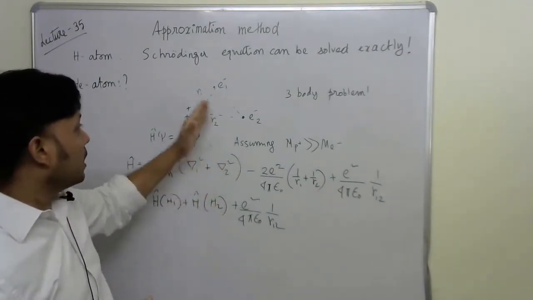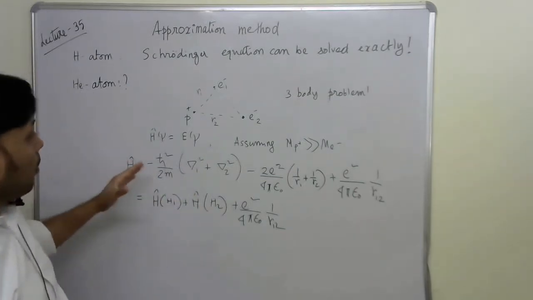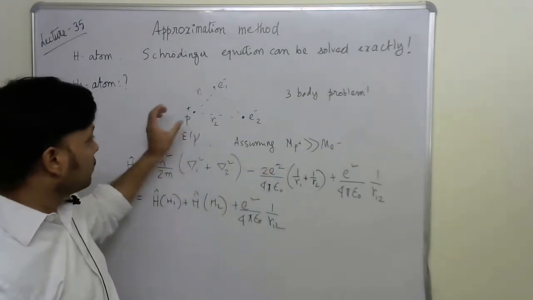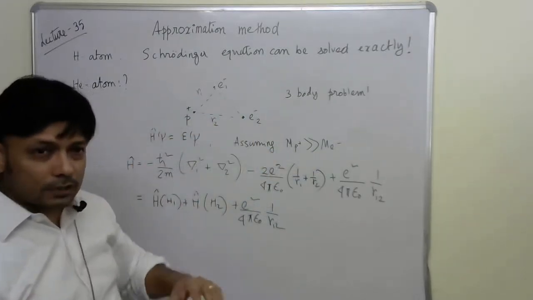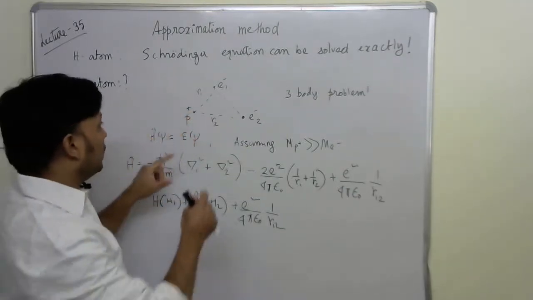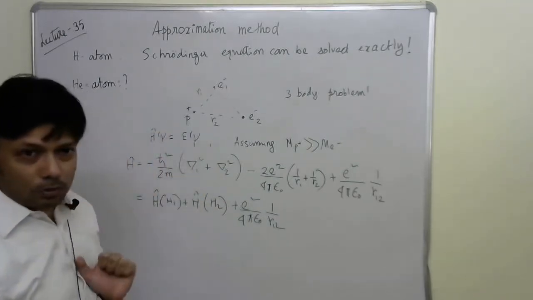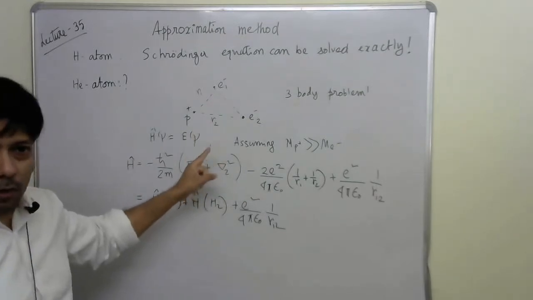But here, now we have a three-body problem. So with our best possible approximation, we can assume that the mass of the proton is once again much higher than that of the two electrons. In the same way, we can fix the position of the proton here, and then we have a two electron system. So if we fix the position of the proton, then we can write a Schrodinger equation out of this.